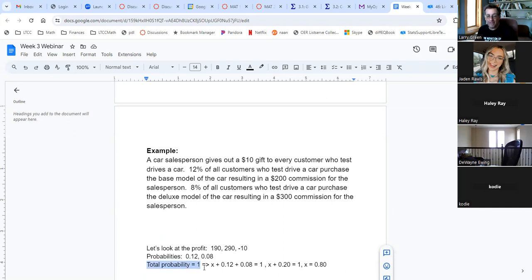So if we call X the probability of not purchasing, then we can say X plus 0.12 plus 0.08 equals 1. 0.12 plus 0.08 is 0.20. So X plus 0.20 equals 1. Subtract 0.20 and you get X equals 0.8.